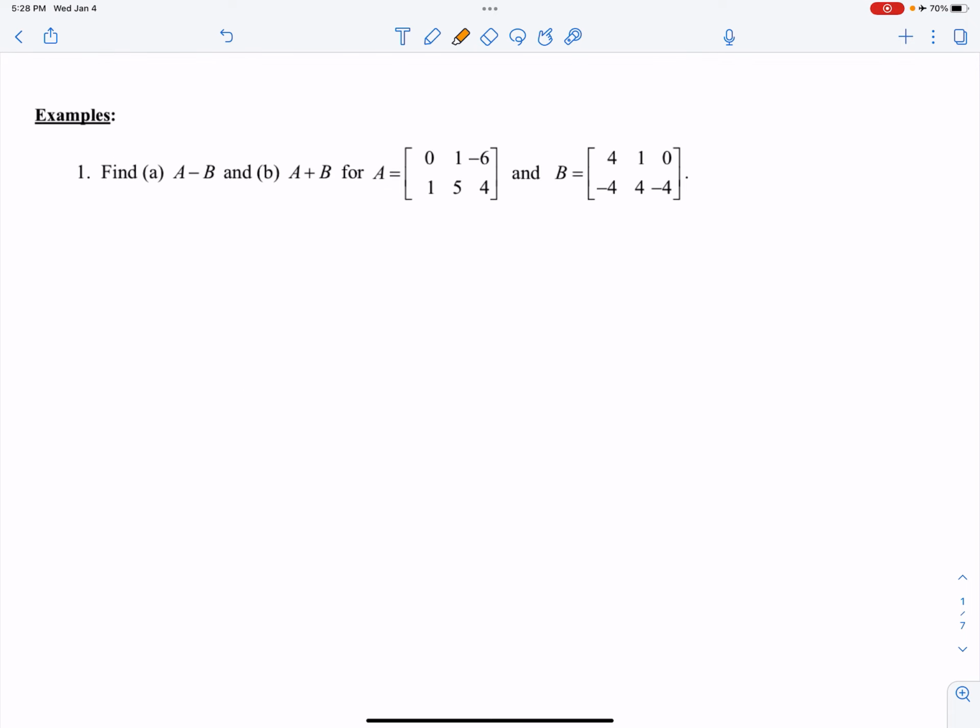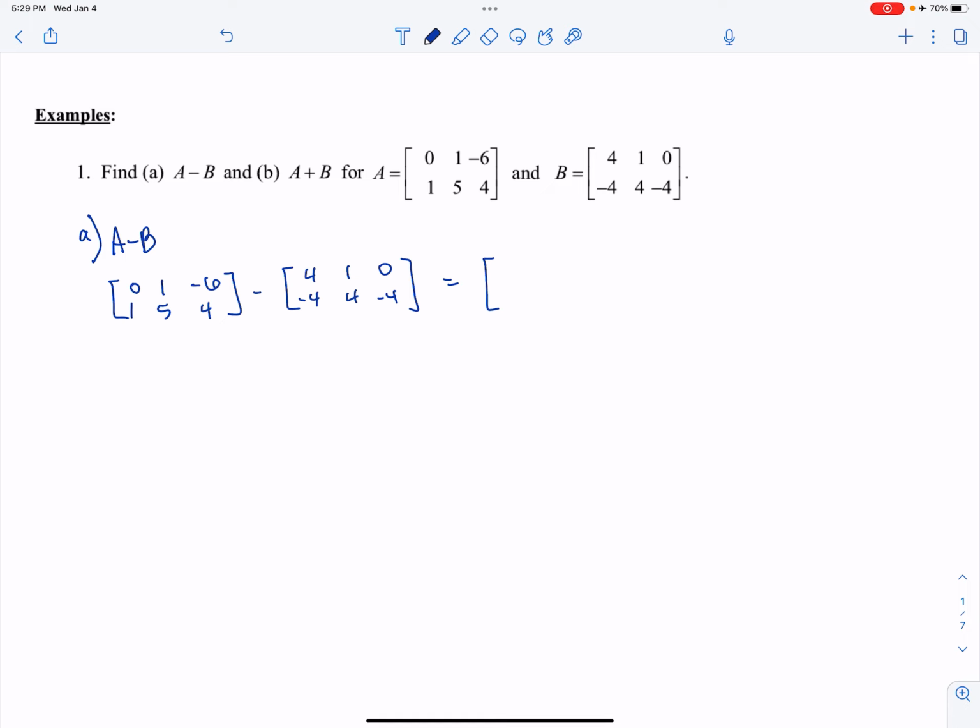Here we go. Let's start with finding the sum and difference of matrix A and B. First, we're going to find A minus B, given our A and B here. So, A is 0, 1, negative 6, 1, 5, 4, minus B, which is 4, 1, 0, negative 4, 4, negative 4.